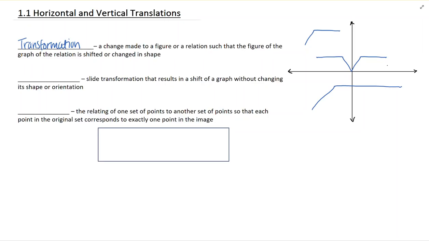Next is the word translation. Translation in a math context means a slide transformation that results in a shift of a graph without changing its shape or orientation.